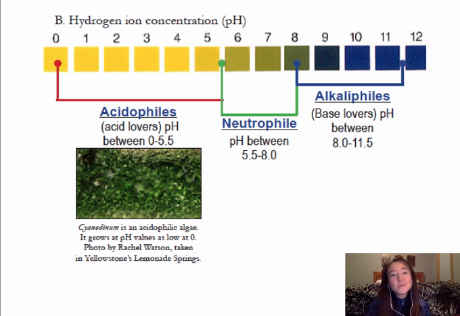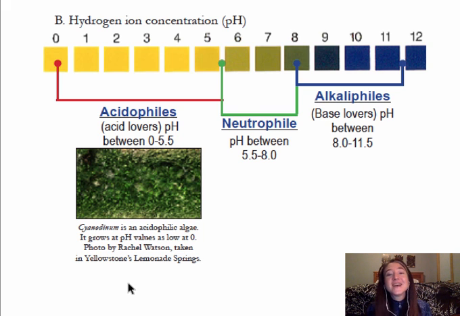And in fact, this is a picture that I took also in Yellowstone, a different region than the other picture. This is in Lemonade Springs, which is near Norris Geyser Basin, if you happen to have been there. And you can see that this is a very, very acid lover because Cyanidium will tolerate pHs of 0. Check that. That's crazy. Really, really low pHs that we would not survive.